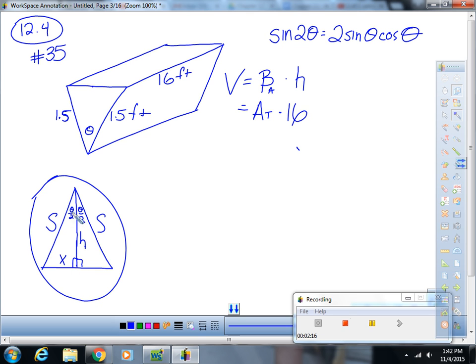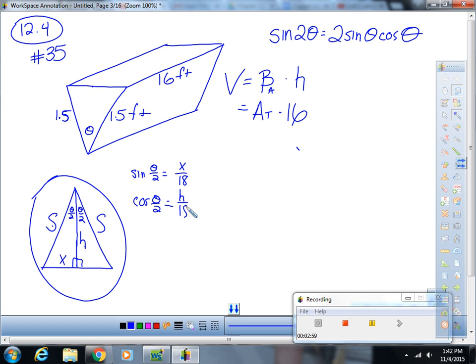I can say that, opposite over hypotenuse, sine of theta over 2 is x over 18. In this case, s is 18. Okay. And I could say that cosine of theta over 2 is h over 18.